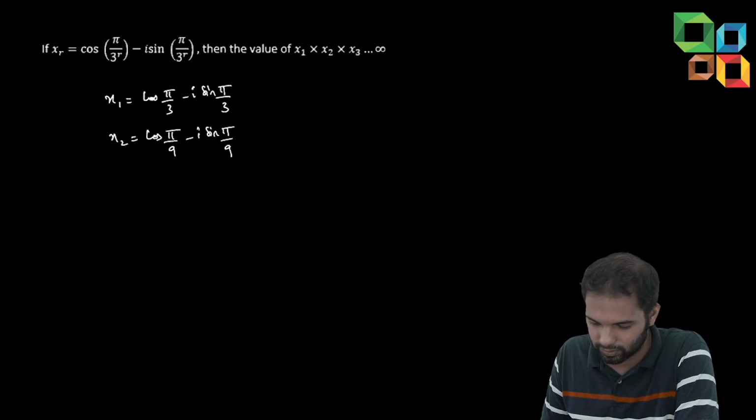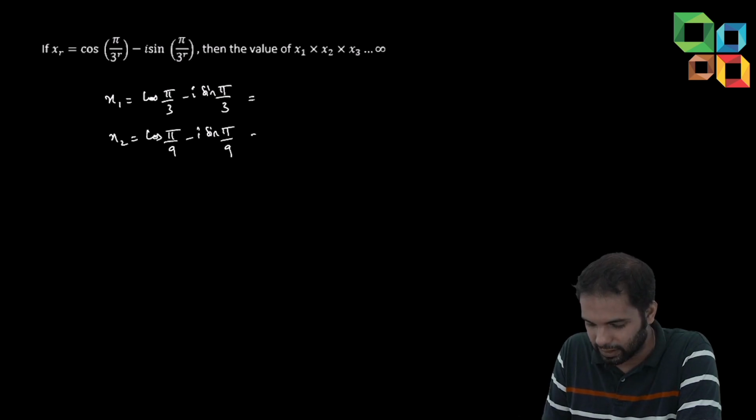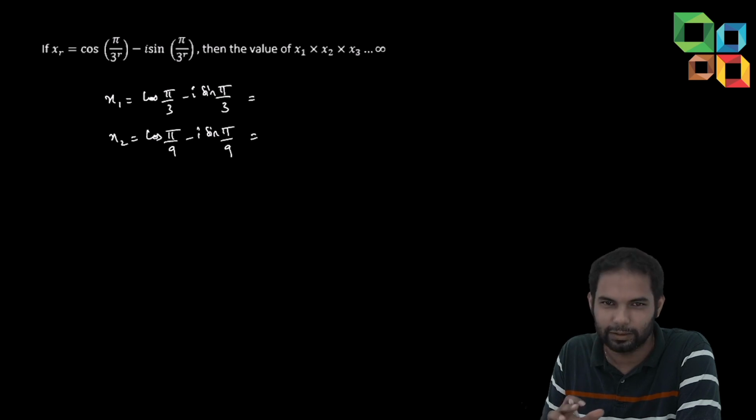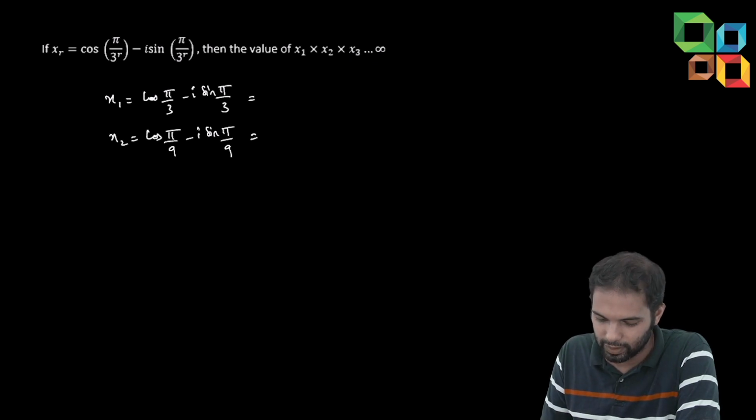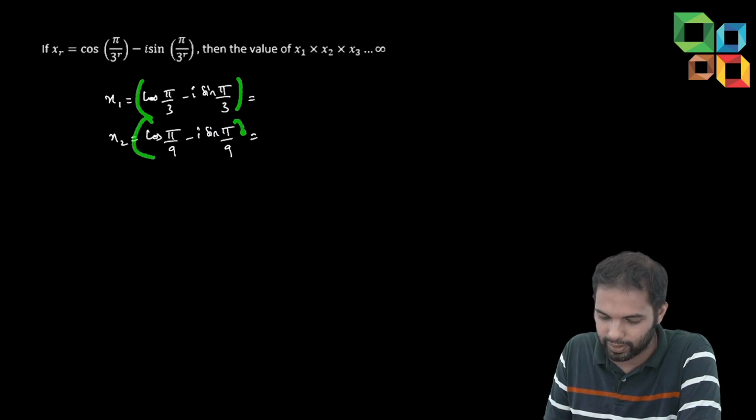Correct. Now, can you see the relation? If I simply multiply all these terms, I'm not going to get anything. It goes up to infinity, so there's no way I'm going to multiply all the terms. Right? So you can see that converting into e power form is the only solution you have.